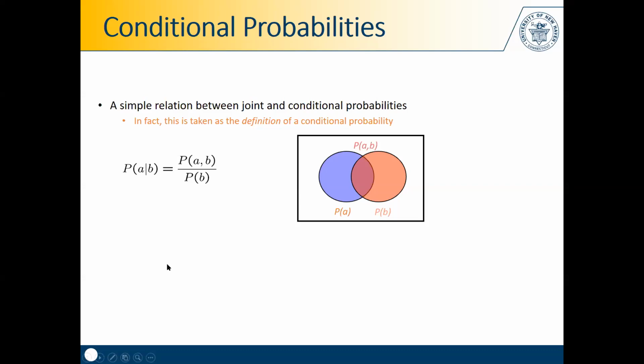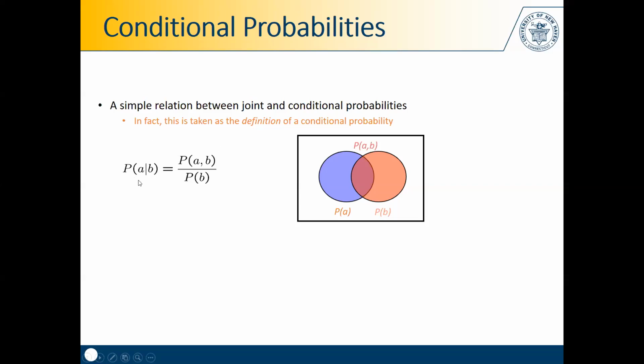So let's think about an example. The probability of the weather being sunny, given that the temperature is cold. How do we calculate the value of this probability? Using this very simple formula.